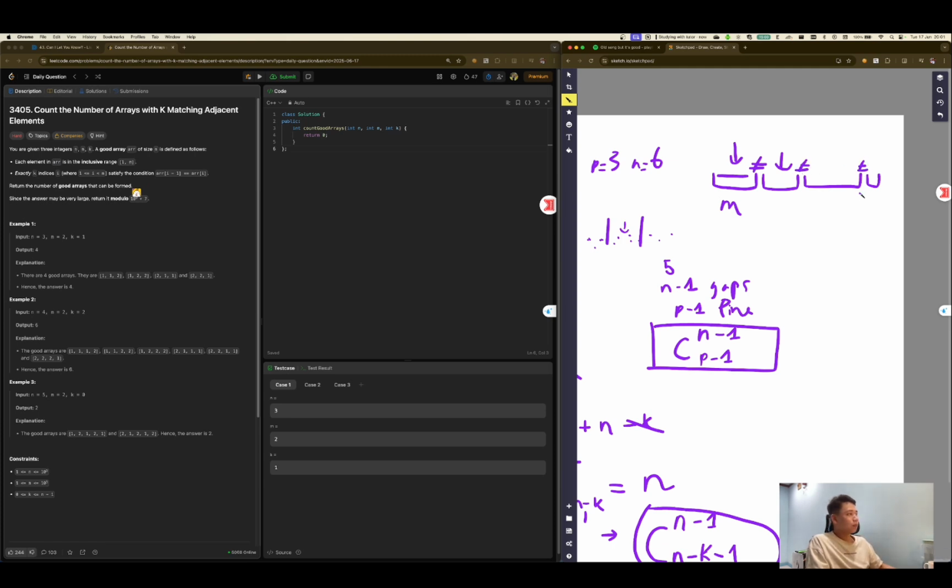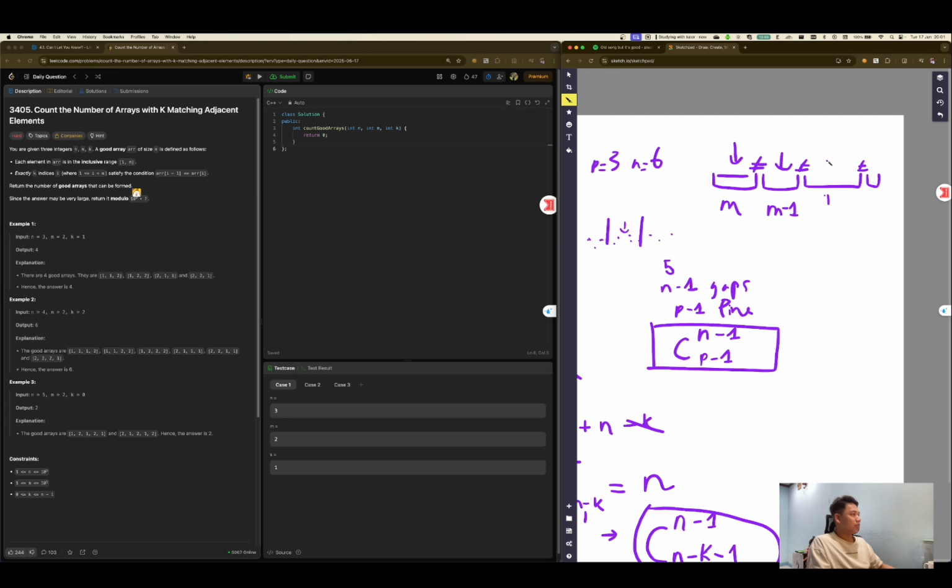Adjacent only. So we only select values that are different from the previous one. So we got m minus 1 possible ways. For example, if you choose this 3, you must choose another one like 1, 2, or 4. You must exclude that previous value.